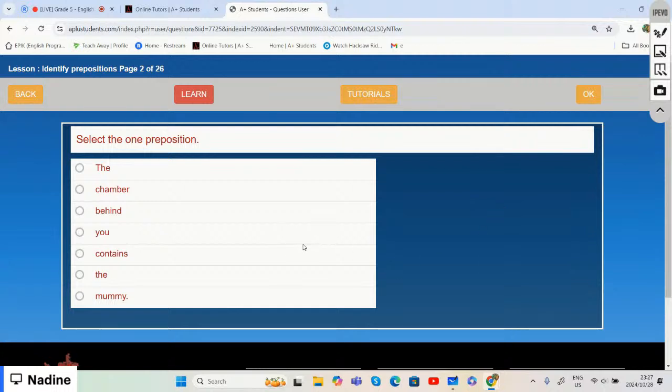The next one says we need to select the preposition. The chamber behind you contains the mummy. We need to identify or select a preposition.